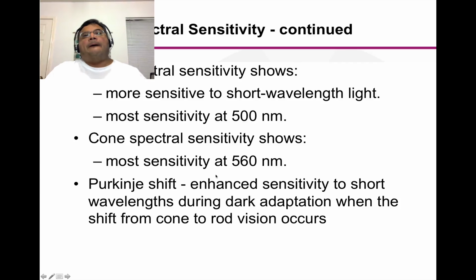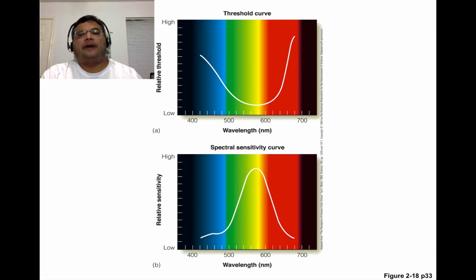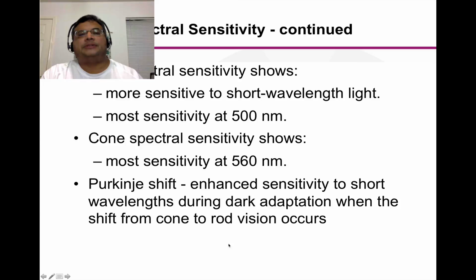Okay. Rods are much more sensitive to short wavelength light. In other words, light that is on the bluer side of things, right around 500 nanometers, so right around here. That's where rods see best, right? Cones are a little bit higher, at 560 nanometers.